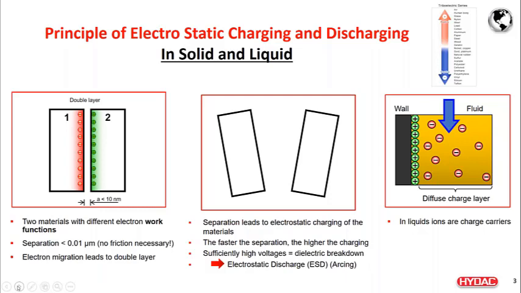So consider the wall shown here, a glass fiber wall, or the wall of the element, and the fluid is our lubrication oil or the hydraulic oil. When the hydraulic oil is going through the filter element, it's going to exchange the ions, and the oil typically becomes negatively charged, and the glass fiber wall becomes positively charged, and it forms the double layer similar to the solid material.